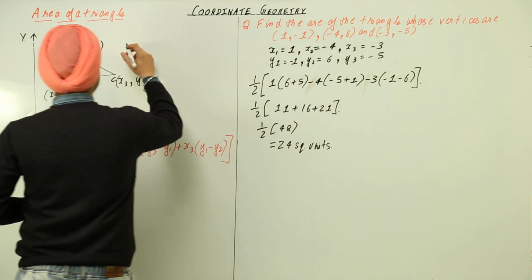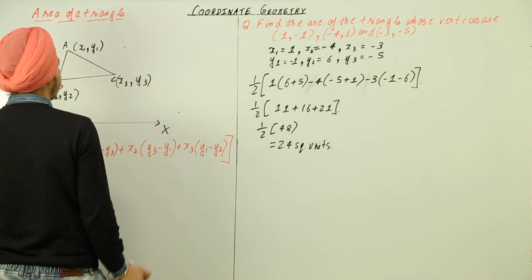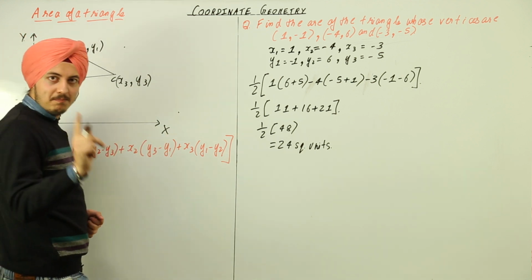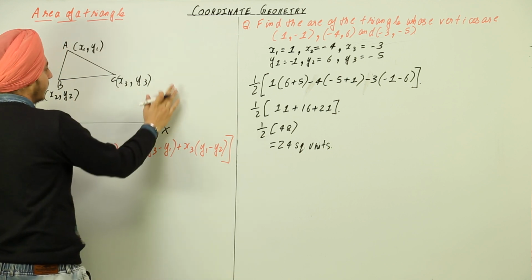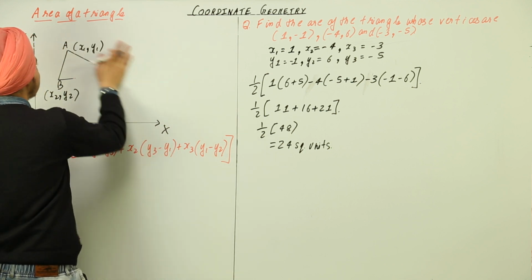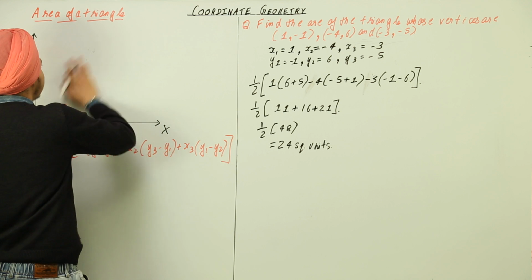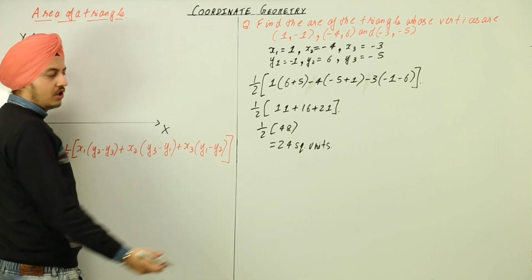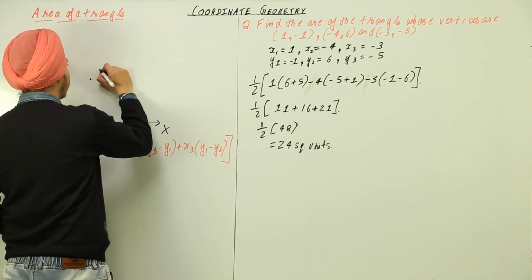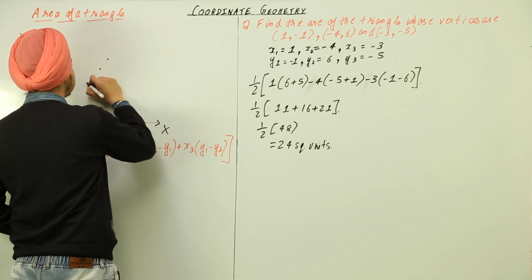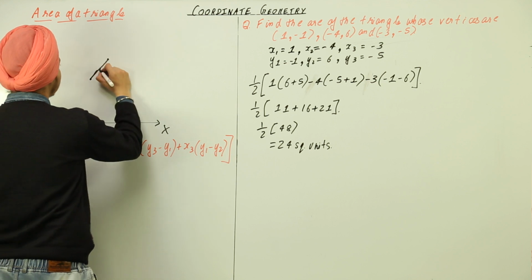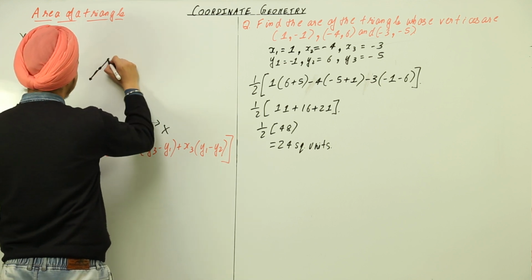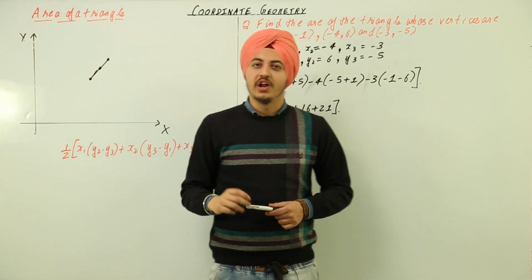If we have any 3 points, let's say here, here and here, we can still draw a triangle. But let's say that the 3 points that we draw are collinear. That means they lie on the same line. Then this is the only other figure we can draw from 3 points on a plane.